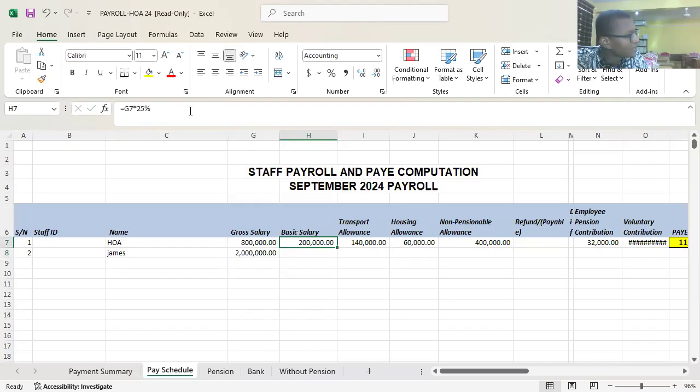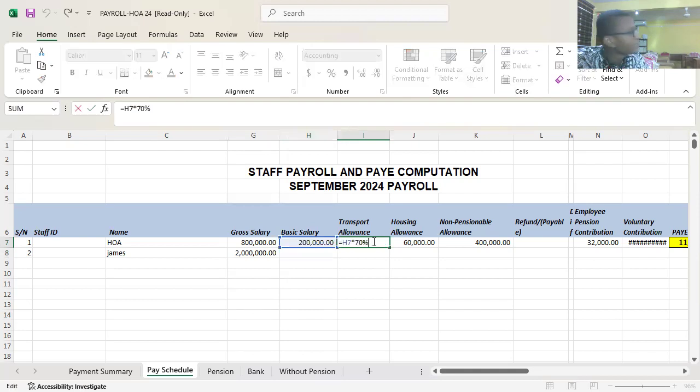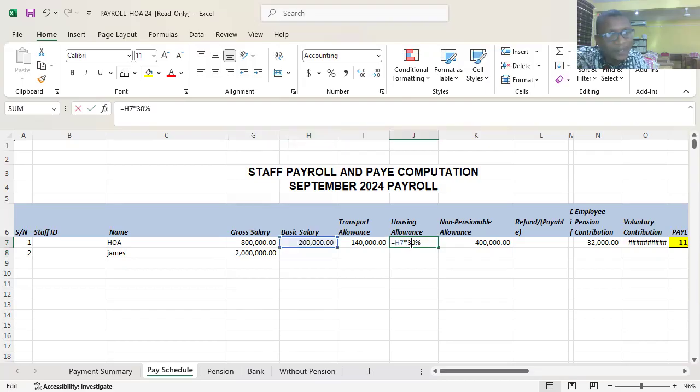It means our basic will be 25% of this, right? Then transport will be 70% of what? Of basic. And then housing will be 30% of this.